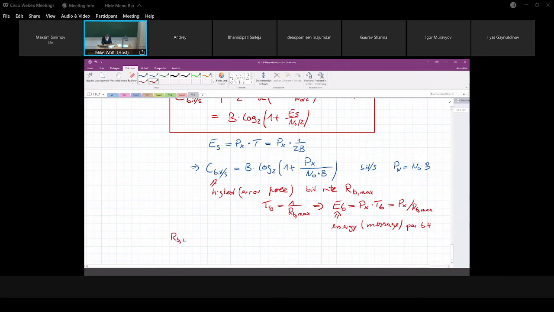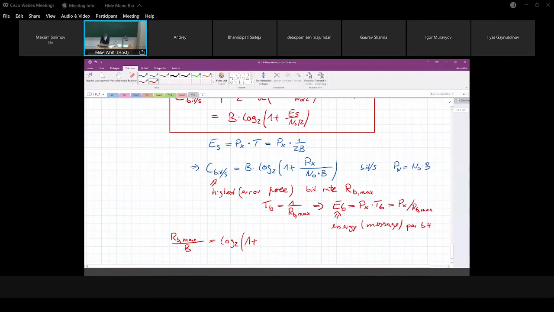So, and now we could say RB max divided by B. Now take a look at this. I put this B at the other side. So this is the ratio of the highest bit rate, which is the same as the channel capacity. Just want to show this expression. It's equal to log2 of 1 plus, and now we substitute Px by this EB, because here we have this Px.